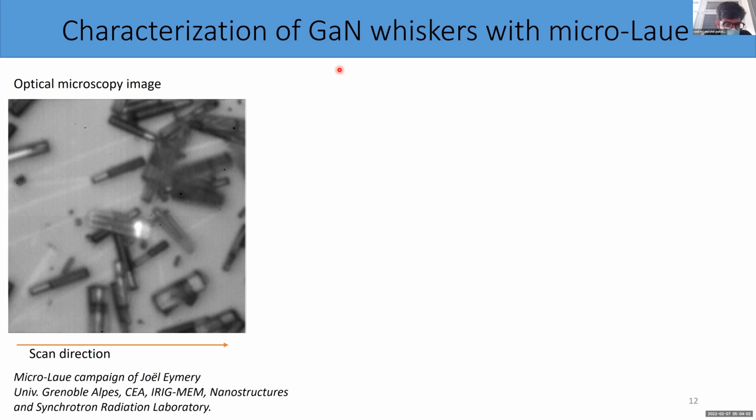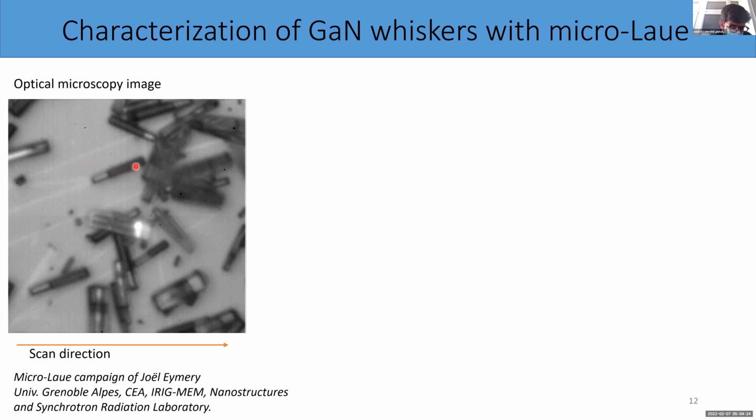So to show you the actual application of the neural network, here we have a case study of gallium nitride whiskers. These are hexagonal gallium nitride whiskers, nanowires, which are placed on top of the silicon substrate. So below is a single crystal silicon, and on top is gallium nitride, which was grown in lab.